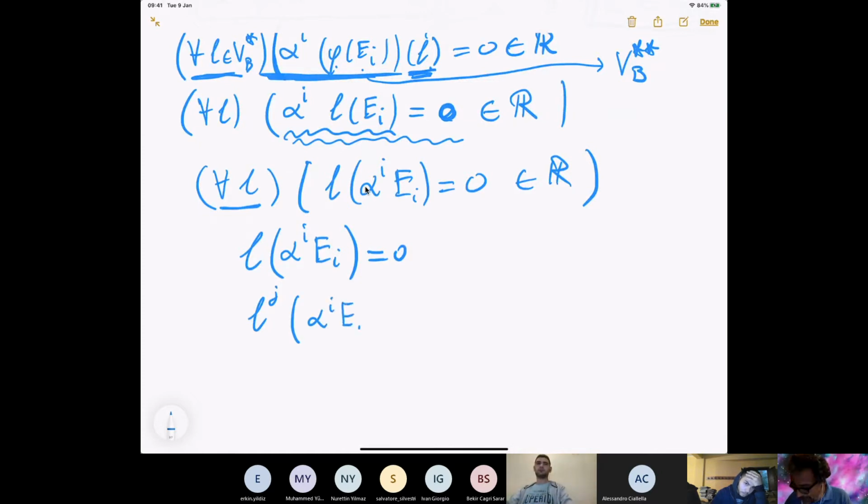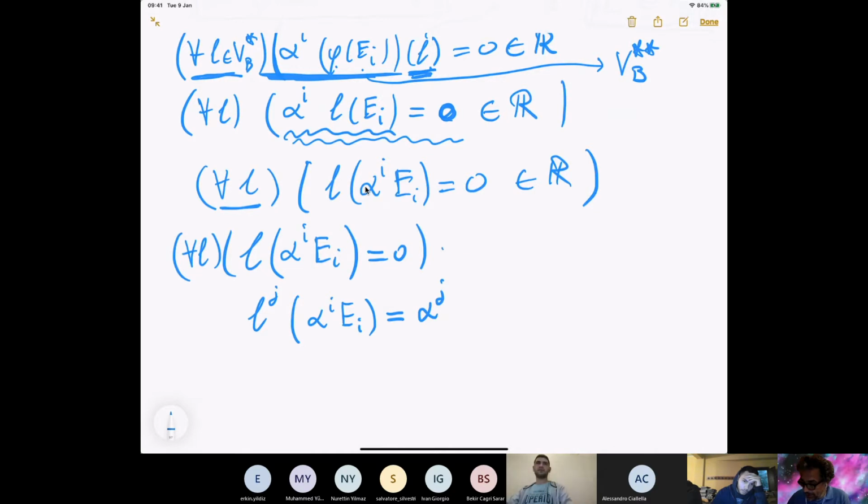It takes a vector and maps it to its jth component in the chosen basis. You remember? So this is equal to alpha_j. So for every L, we have this.